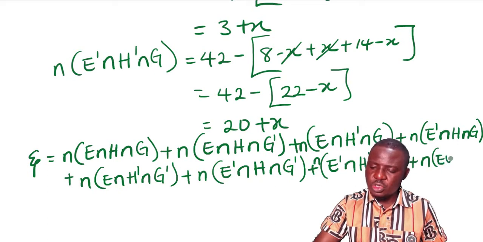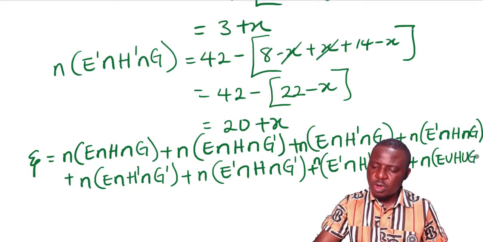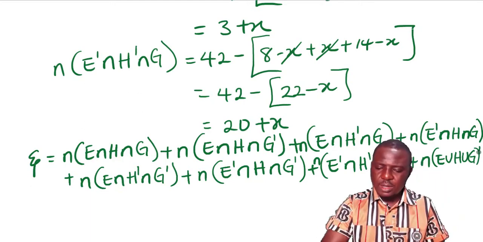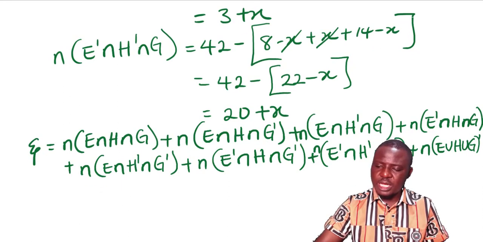So English union, history union, government prime. So these are 1 2 3 4 5 6 7 8. These are the 8 regions.